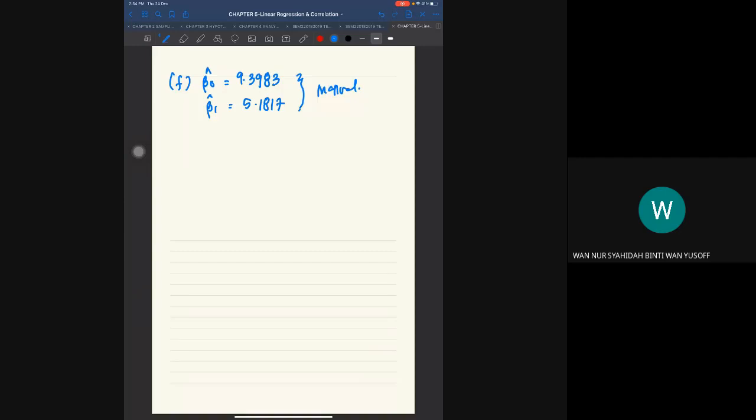After that, you just write down your equation. So we have y cap equals beta naught, 9.3983, plus 5.1817 x. You can write the x here with the slope, and the intercept here. It's up to you, but the x must be with the slope, not with the intercept.